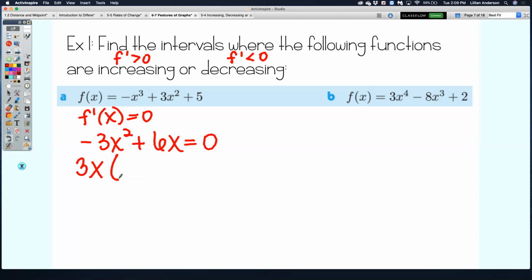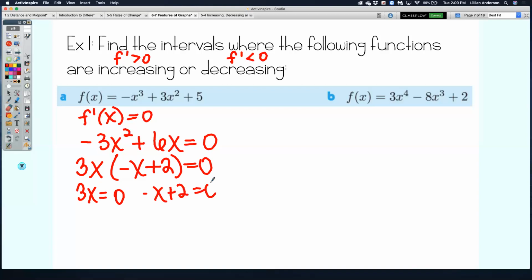So if I take out a 3x, what am I left with? 3x times negative x plus 2. Not negative x squared, but just a negative x, then plus 2. So then I'll set both of those factors equal to 0, and I see that x will equal 0, and x will equal positive 2.